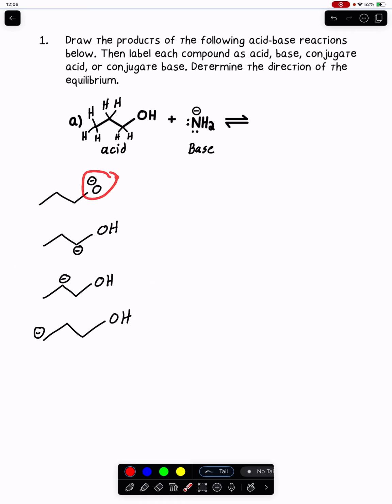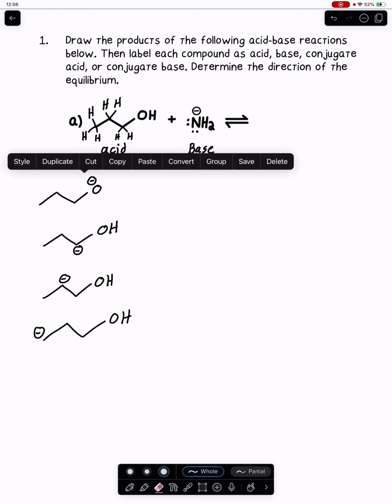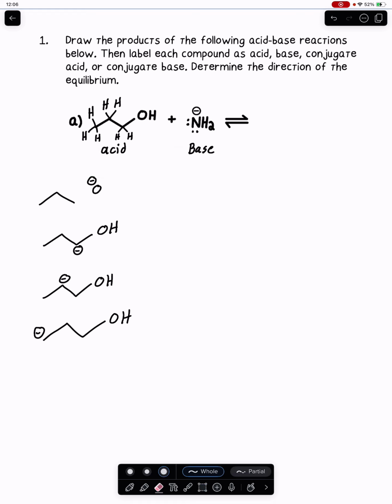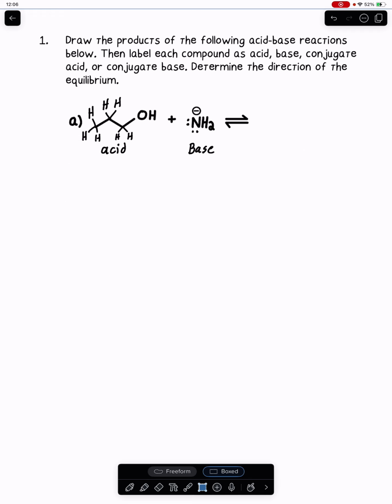Here it's on oxygen, and in each of these it's on a carbon. Which one handles the negative charge better? Oxygen handles it better because oxygen's more electronegative, which means it's easier to remove this proton. So that's the most acidic proton. Even if you don't memorize the pKa's, you can still figure out which ones are most acidic by comparing the stability of the conjugate bases.